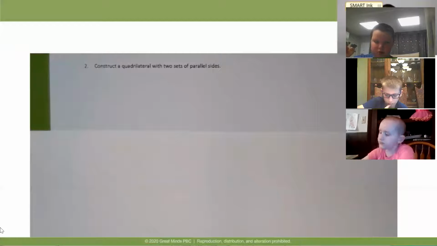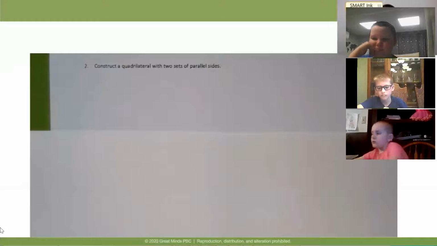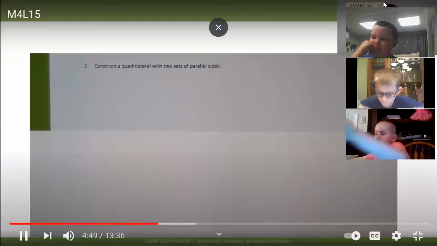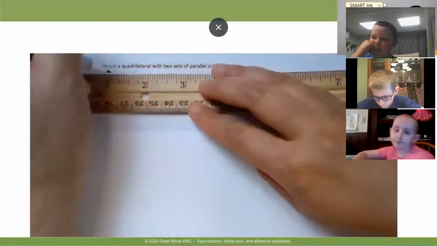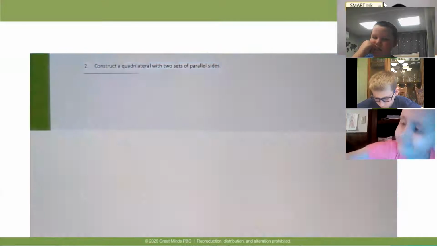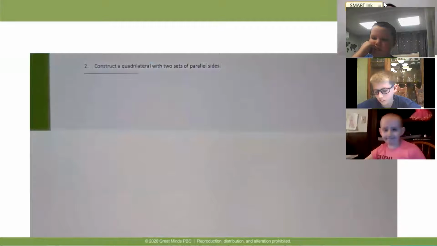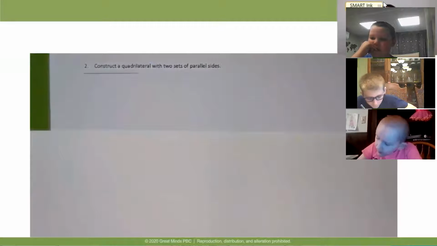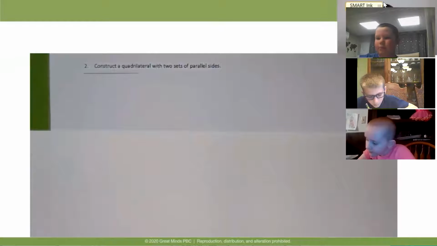The same way we did in problem 1. First, we draw a straight horizontal segment. So Soren, you should be drawing these right now. Pick up your pencil. Then we use our right angle template to draw a segment parallel to that, just like before.